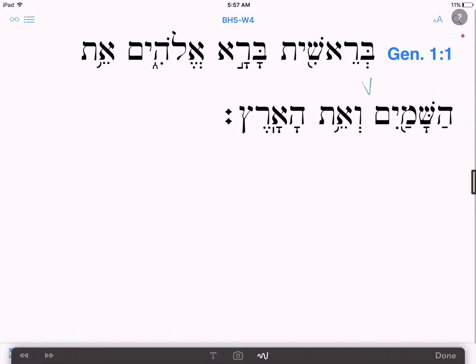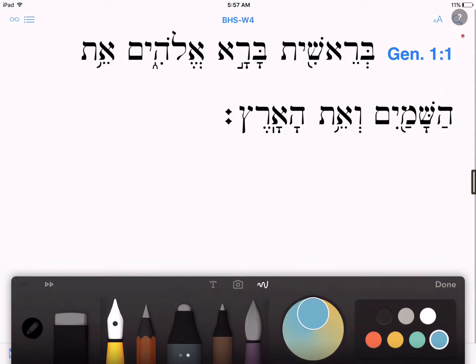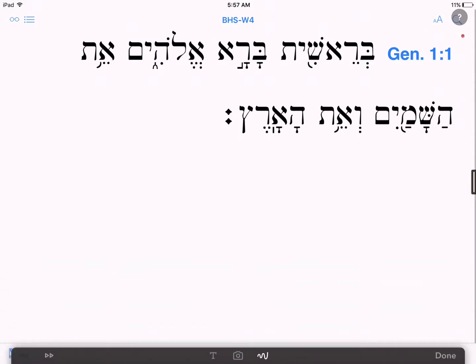So the way we would say this word is bereshit. So if you can hear, we kind of go the bere, skip the aleph, shit, bereshit. If you say it fast, you kind of get bereshit. And this just simply means in the beginning, or at the head, so to speak.